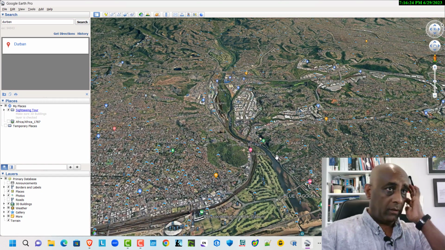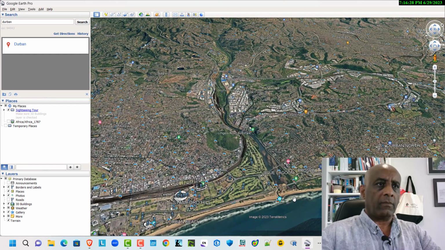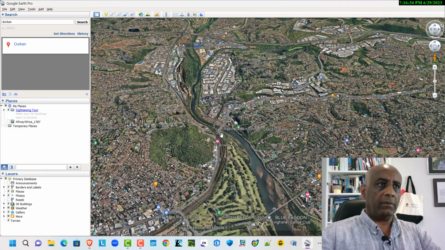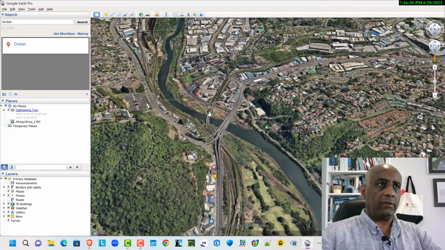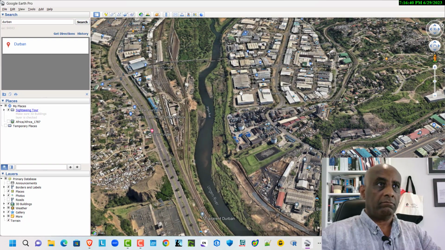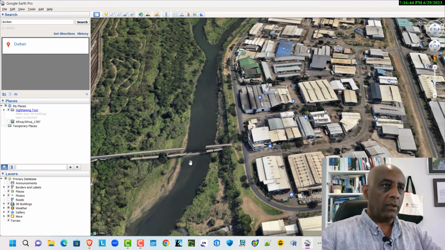You can see the river, Umugani River. See the people where they are living just by the side of the river. This is a big river. It's not a joke.